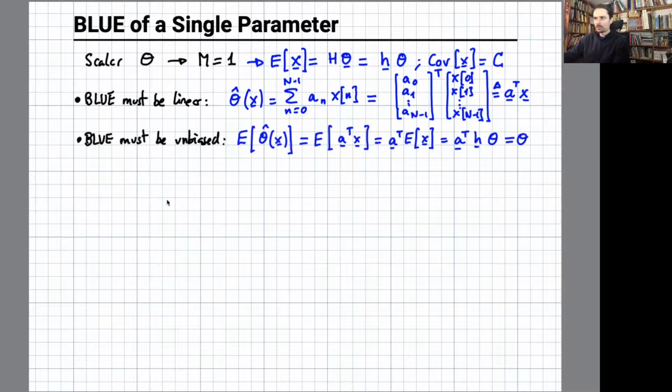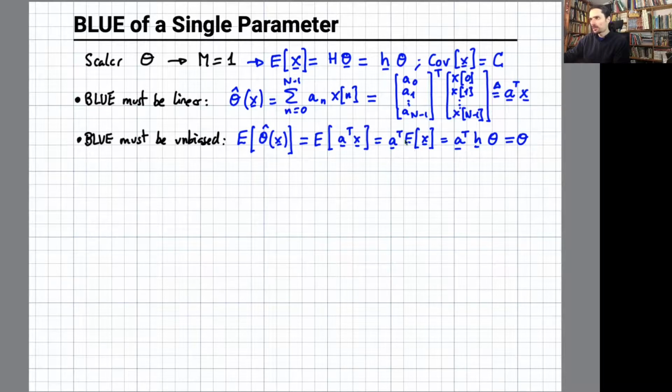The second condition that we need to enforce is that the BLUE must be unbiased, right? To that end, let us compute its expectation. By linearity of the expectation operator, we can take the A transpose out of the expectation, okay?